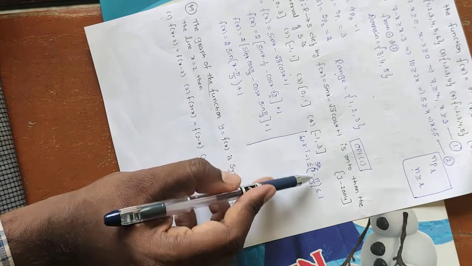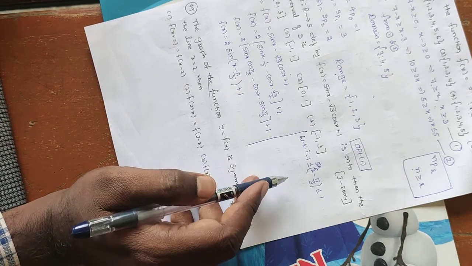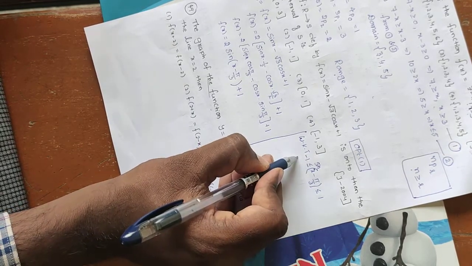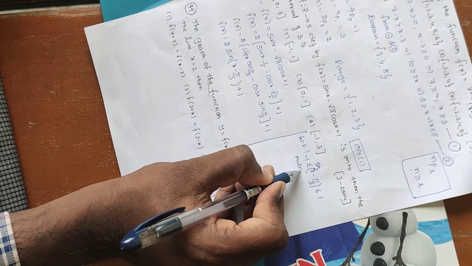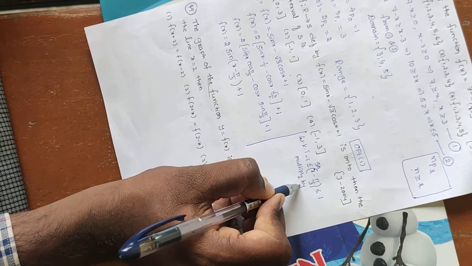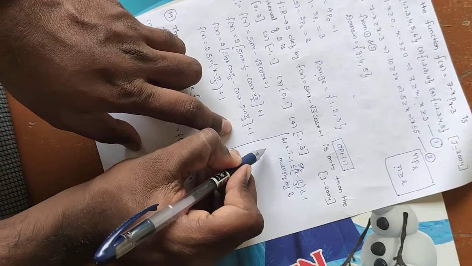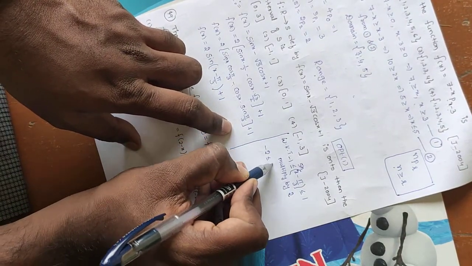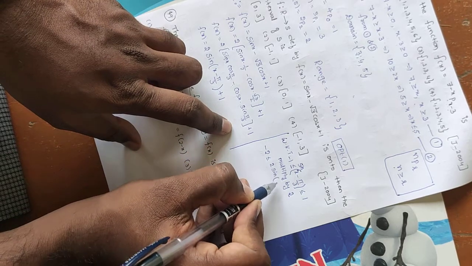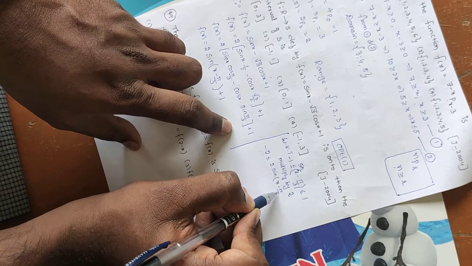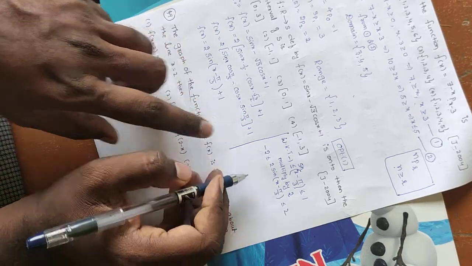This is the range of sine. For this, multiply by 2. If you multiply by 2, what will you get? Minus 2 less than or equal to 2 sin(x minus pi by 3) less than or equal to 2.